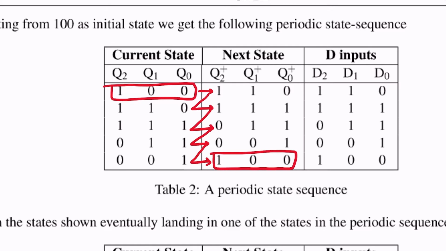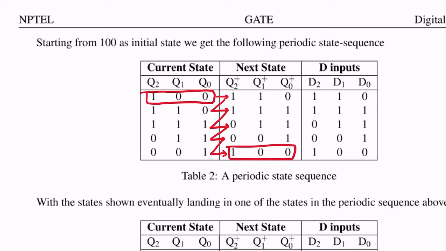So this is a periodic state sequence. If the flip-flops were to ever get into any one of these states, for the remaining clock cycles it would just keep cycling between these states, because this is a periodic state sequence. That is, you start and end in the same states.